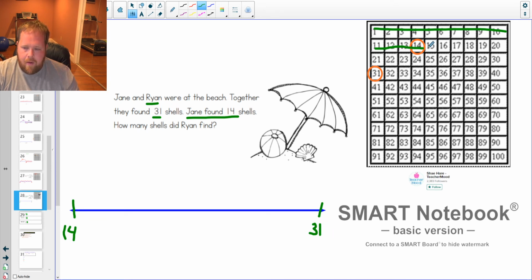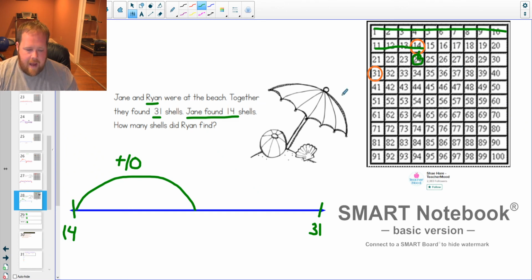31. So let's see. Can we go from 14 down 10? Yes, we can. So 14 plus 10 is 24. So we write our plus 10. Very nice.